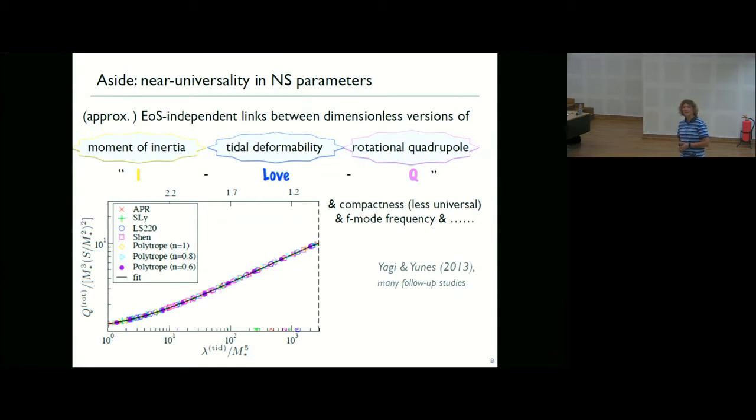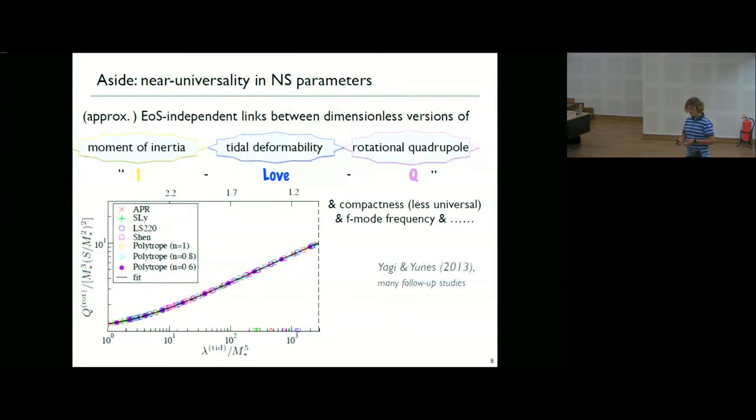You can imagine many other quantities. And in fact, this also goes back; there had been previous work by Jim Lattimer and collaborators. They found some correlation between the radius and the pressure in the outer core of neutron stars.